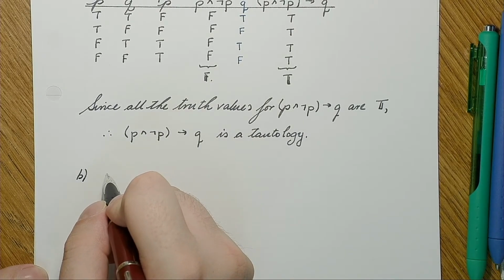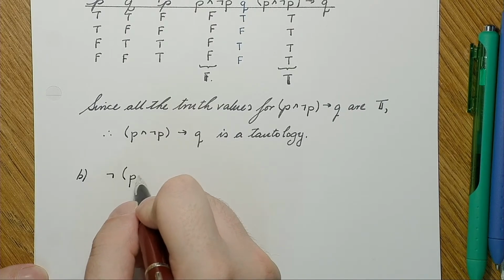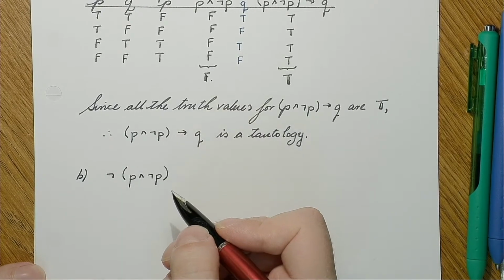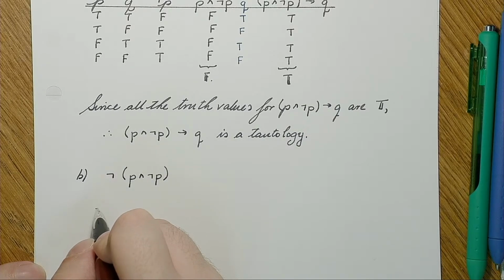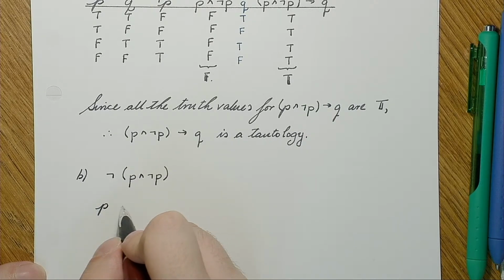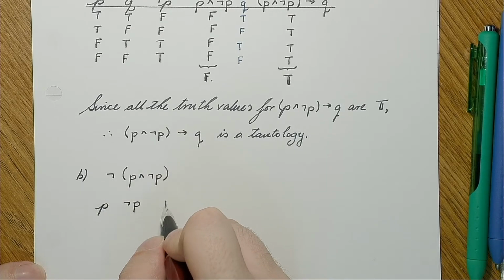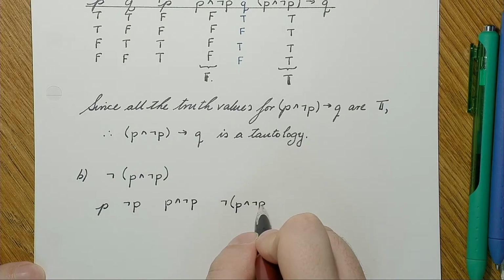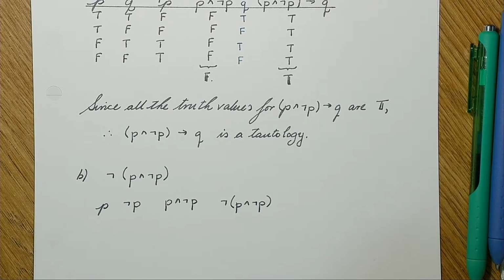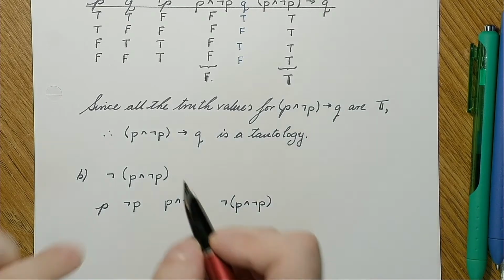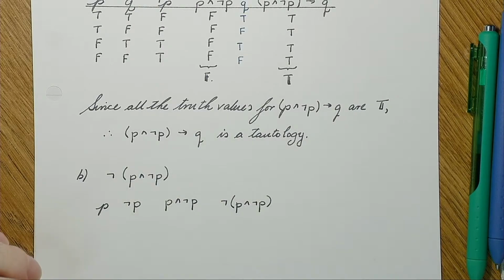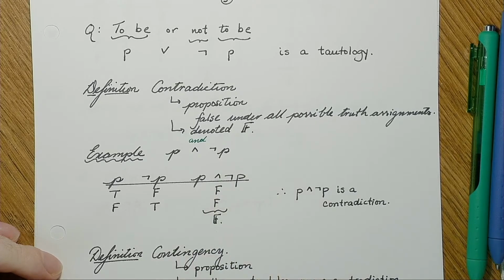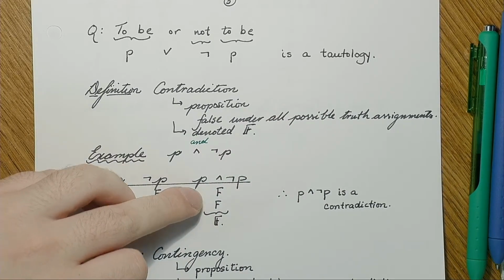Okay, so with this one I have, here's another one. So I have P, not P, then I'll have P and not P, and lastly P and not P. Already what you should be thinking is that I know from our previous example that P and not P is a contradiction, where those are all falses.